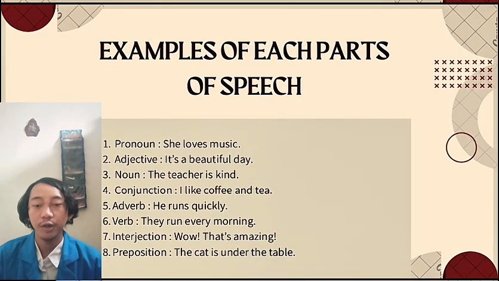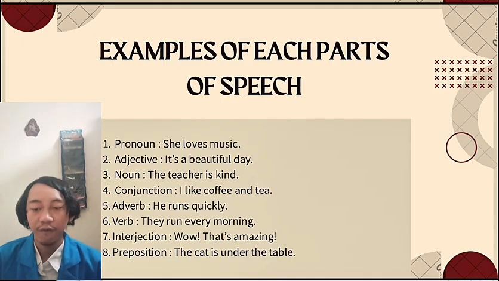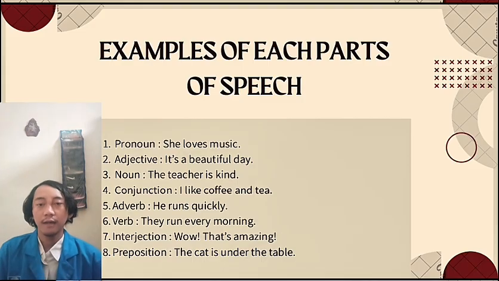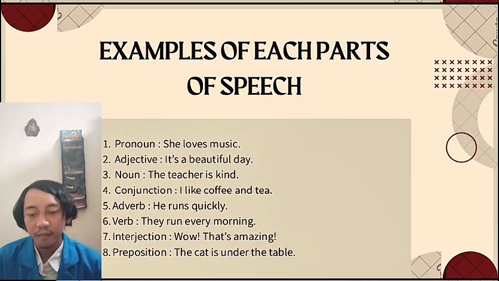The first one is pronoun. The example is: she loves music. And the second, adjective. For example, it's a beautiful day. And third is noun. For example, the teacher is kind. The fourth is conjunction. The example: I like coffee and tea. And five, adverb.